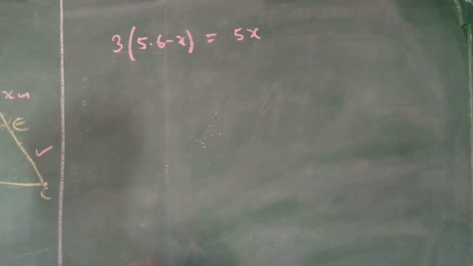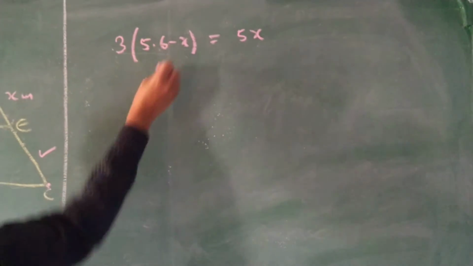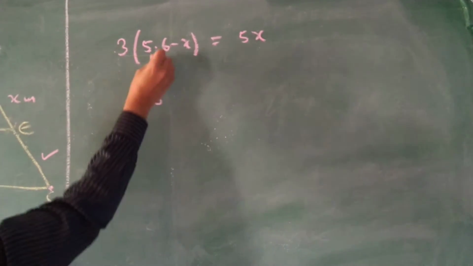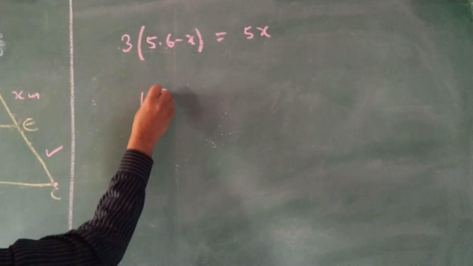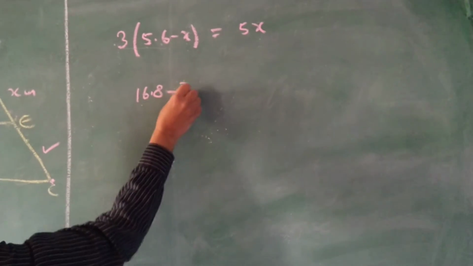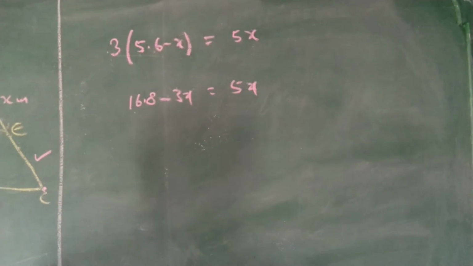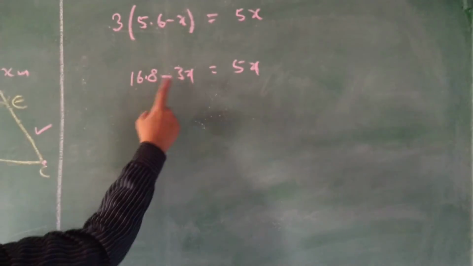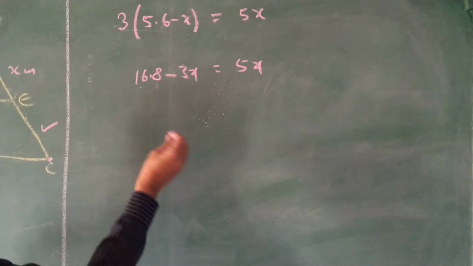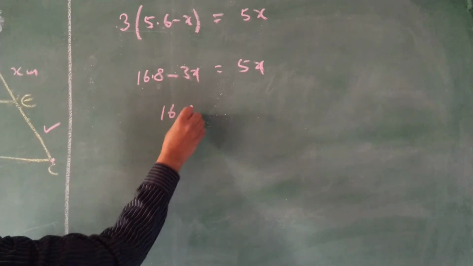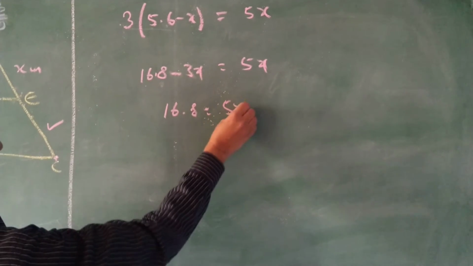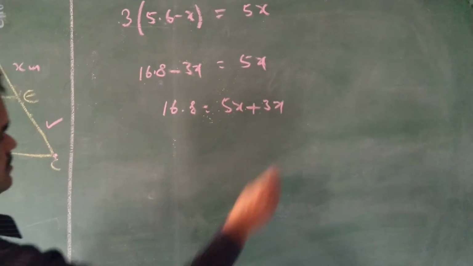Multiplying, 16.8 minus 3x is equal to 5x. Transferring to that side, 16.8 is equal to 5x plus 3x.